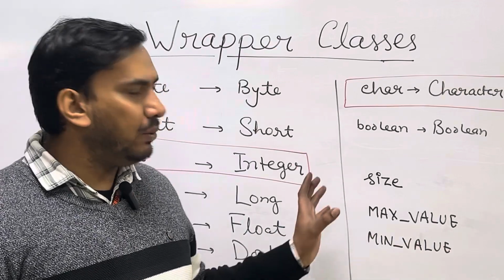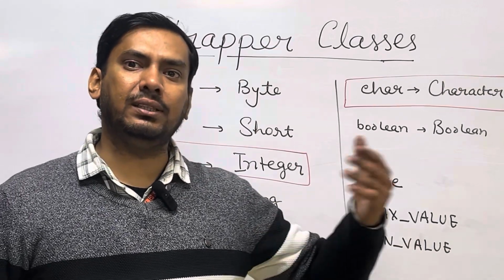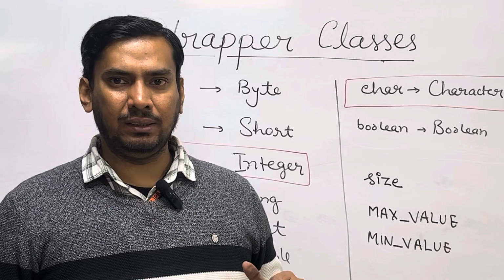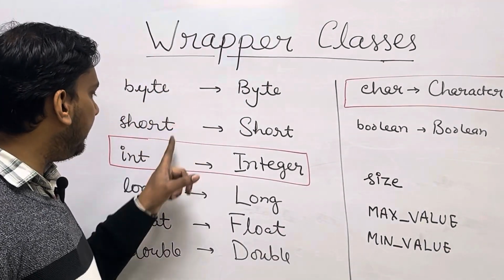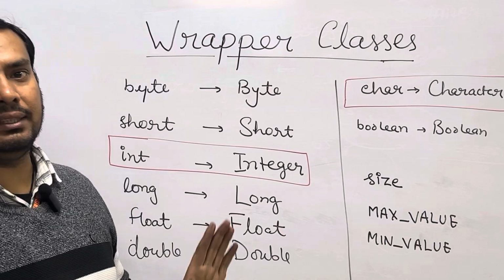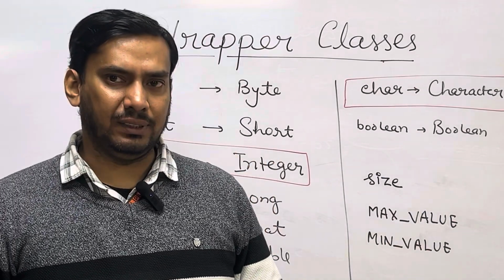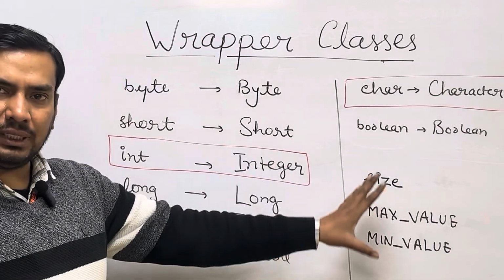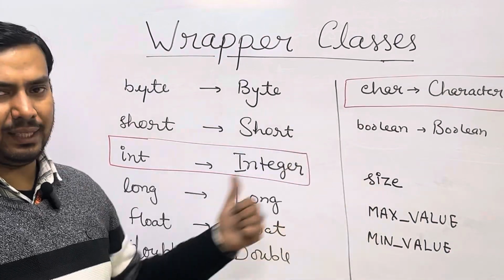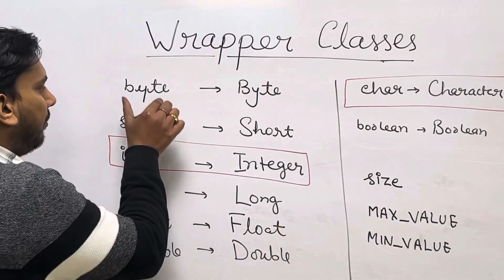So, these values need to be converted into objects, and that is why corresponding to every primitive data type there is a wrapper class created in Java, and its name is the same for almost every class except the two that I have highlighted: byte, short.